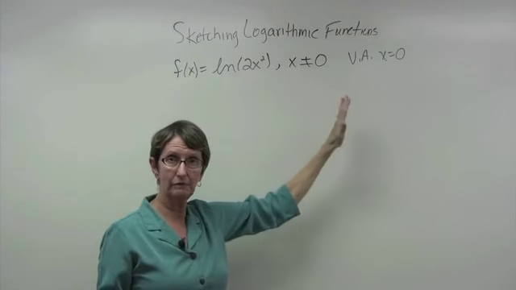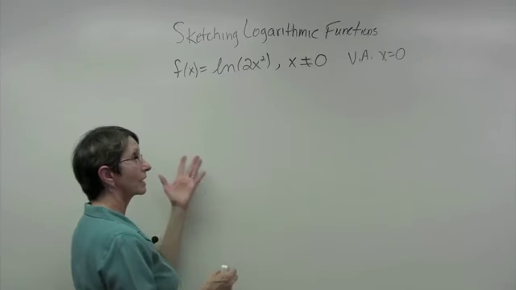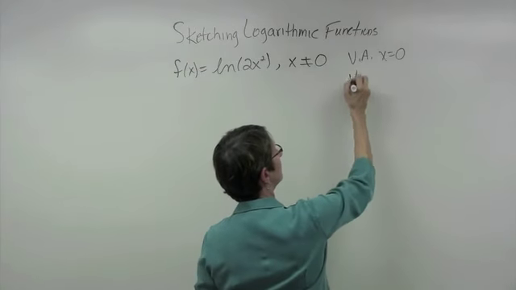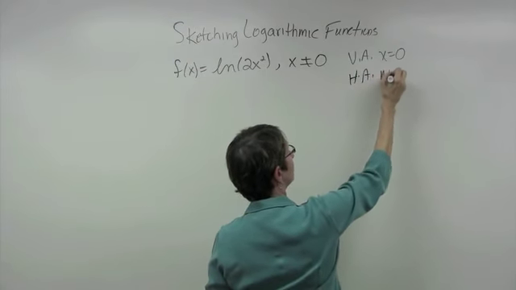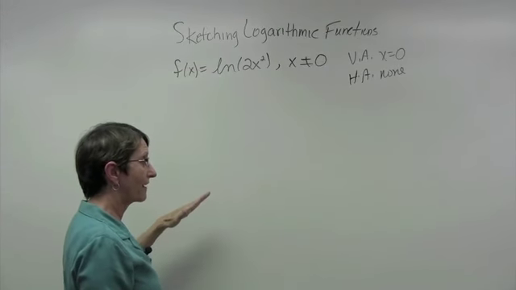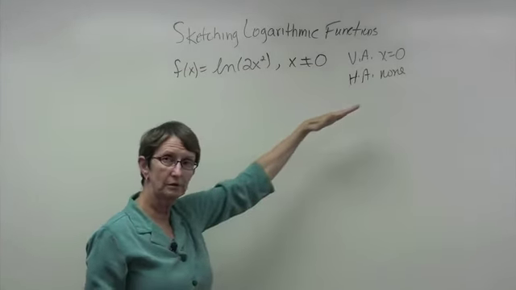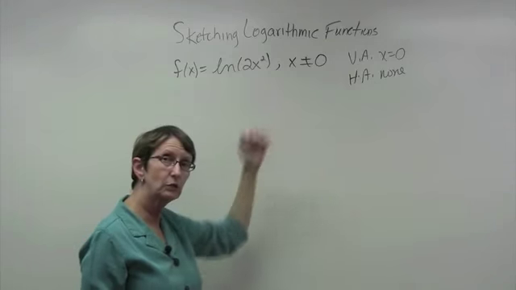If the x's are positive numbers, it looks very similar to that. Horizontal asymptote, none. Again, if we plug in x's that get bigger and bigger, our values for the function get bigger. And if I plug in negative numbers, they also get bigger, but they don't approach anything. They continue to increase.